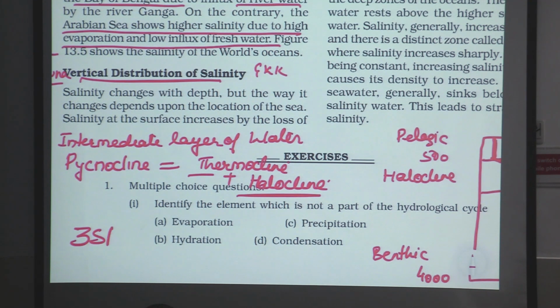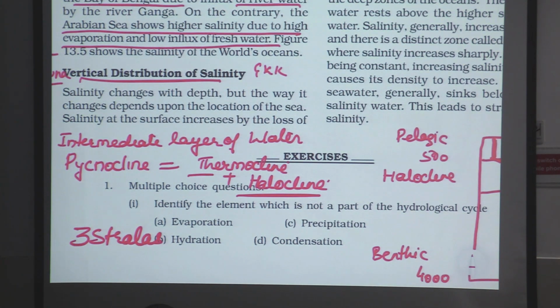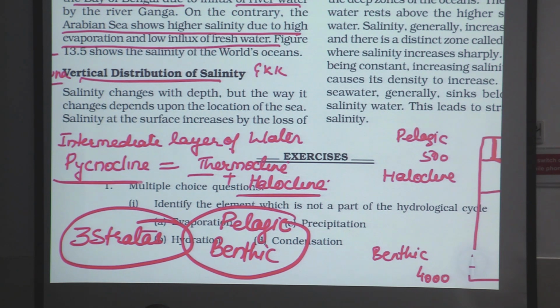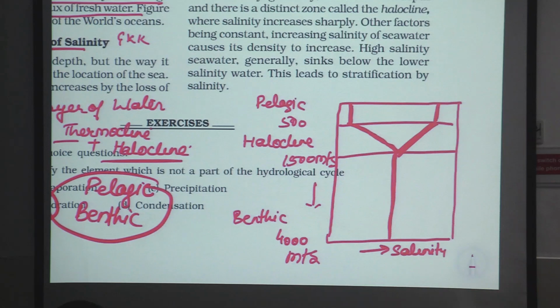Three strata of ocean water. Which are they? Pelagic, all variation, benthic, no variation, and pycnocline, all compensation. I think this will help you in coping up with this particular chapter.